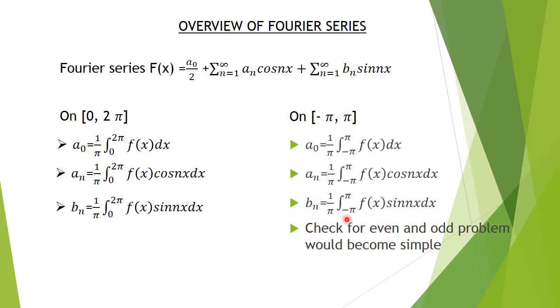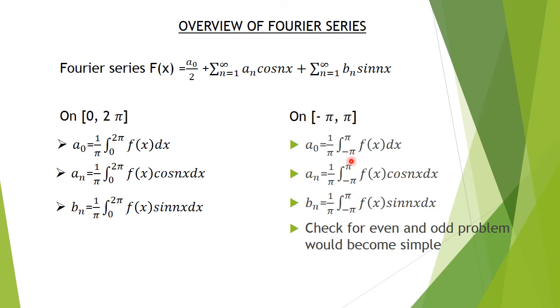Now, whenever you have minus pi to plus pi, going from negative to positive, we check whether f(x) is an even or odd function. If you check that, the problem becomes easy, because some terms become zero.